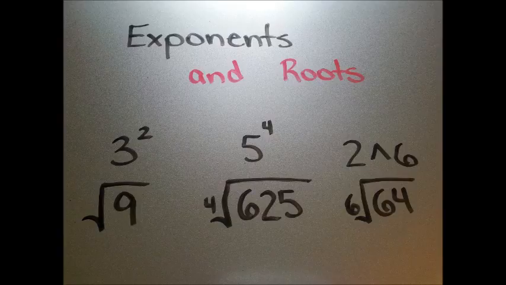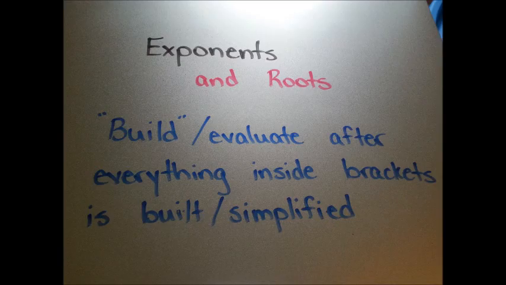In another unit for this course, we'll find out why roots and exponents are so closely related. But for now all we have to remember is that anything involving exponents or roots is something that we will build or evaluate after everything that's inside brackets has been built or simplified or evaluated already.